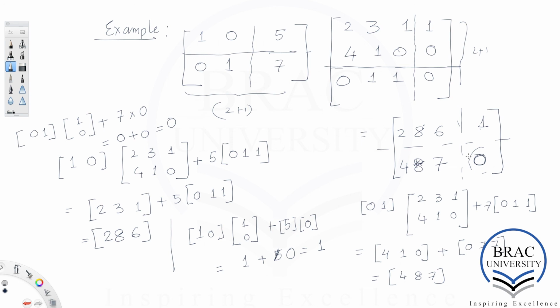Previously we had the left and right partition to be this one, right? And for both these choices we get the same final 2 times 4 matrix, which is this one.